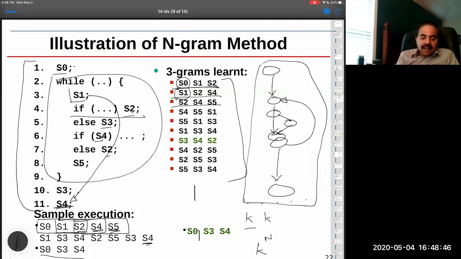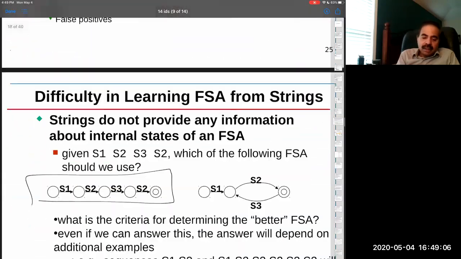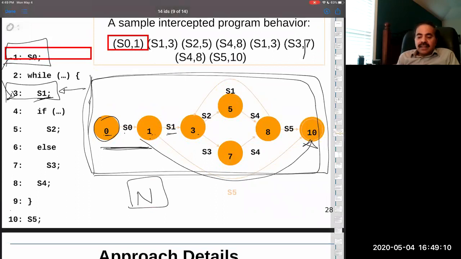This long-range behavior, which consists of 5 system calls, is not going to be directly captured, because everything you capture with n-grams is a property of a string of length 3. Whereas with a state machine like this, you are not limited in terms of how far apart the states are.